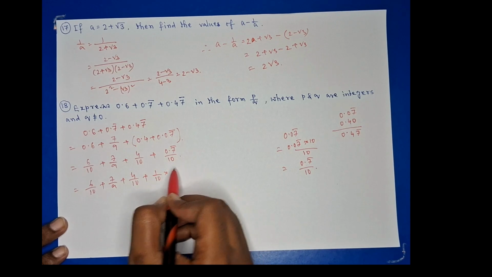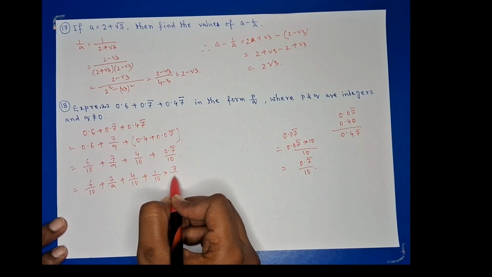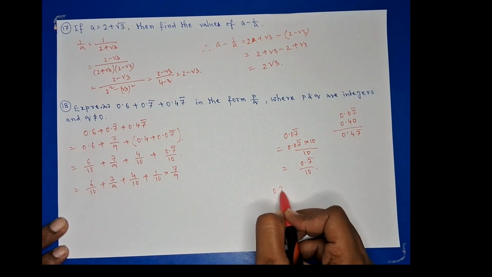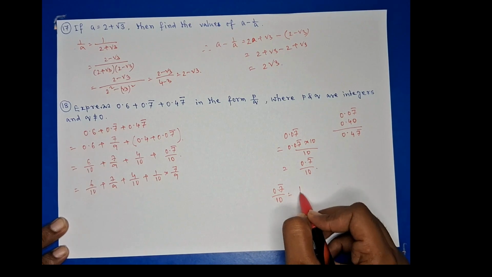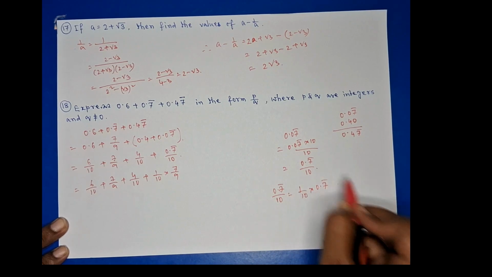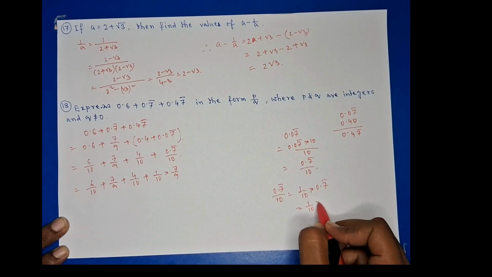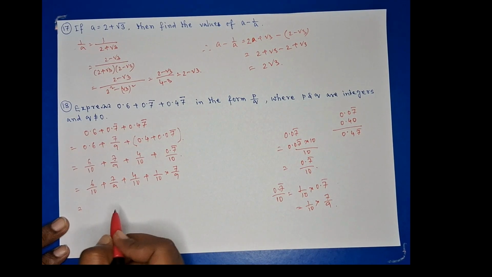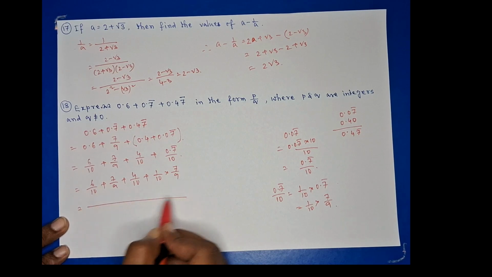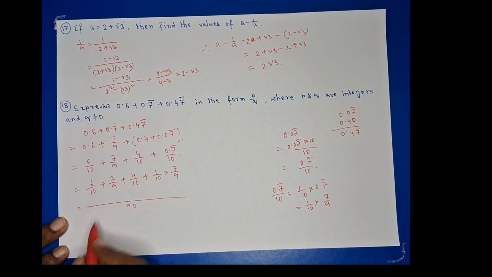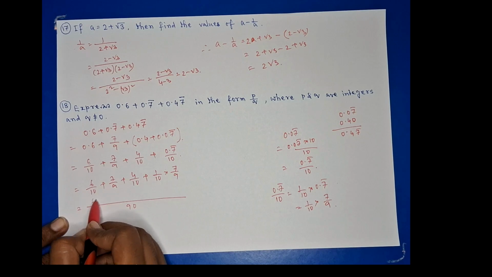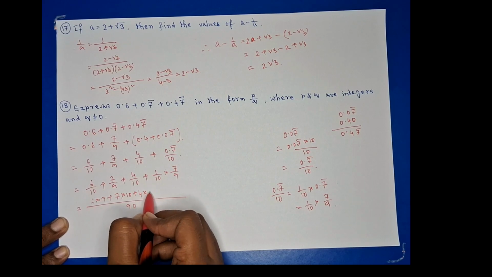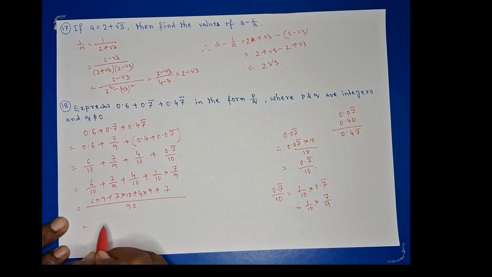And now what is 0.7 bar? 0.7 bar is equal to 7 by 9. So 0.7 bar by 10 is equal to 1 by 10 into 0.7 bar, so 1 by 10 into 7 by 9. That is what I have written here. Okay. So now it has become easy. So what will this become? 6 into 9 plus 7 into 10 plus 4 into 9 plus 7.